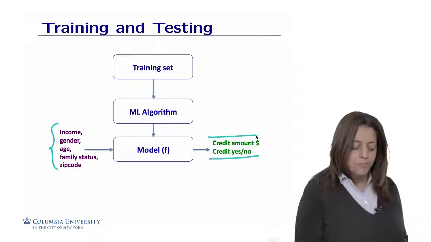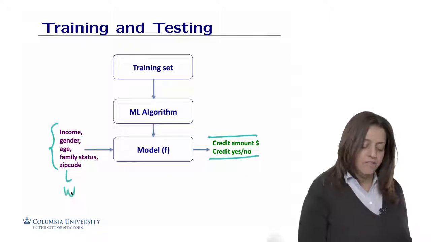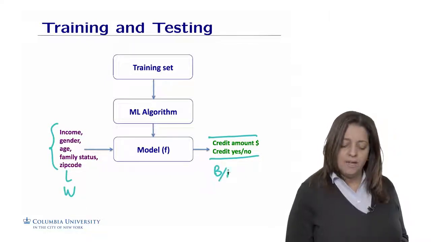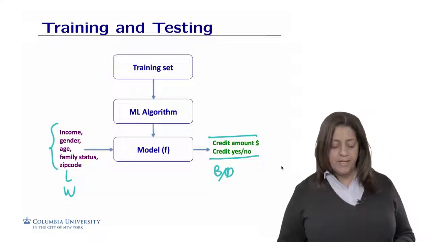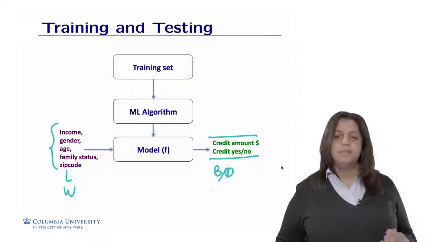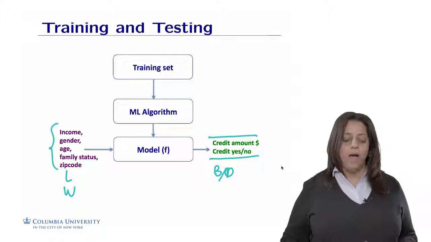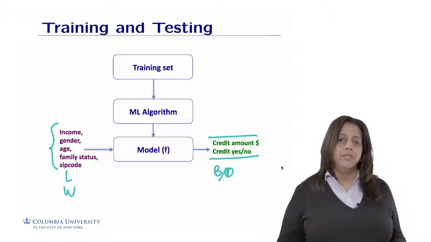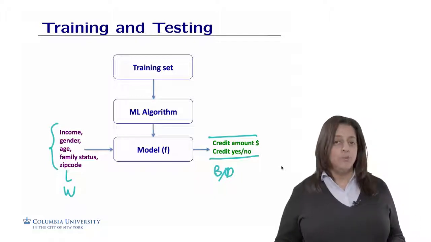Other examples, we could plug in the length and the width of the fruit, and predict the kind of fruit, whether it's a banana or an orange or whatever. Okay, so this is the typical setting in which we want to do training, build a model, and this model is readily available to be tested on new instances that were not used for training.